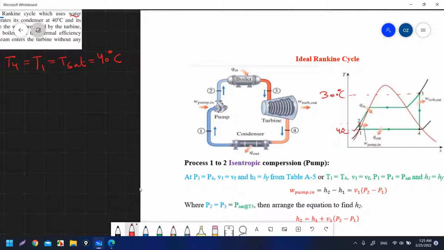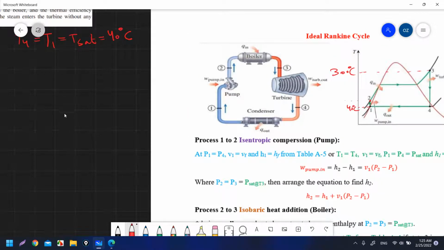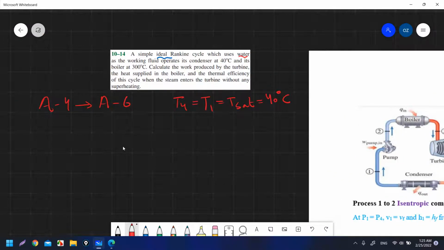Usually he will not give you T2, and that is why we use this equation to find H2. We didn't use temperature for anything, so H2 is calculated from other things, from this equation. We didn't use the table for H2, so you predict it is T3. He will not give you T2. So 300 degrees Celsius is T3.